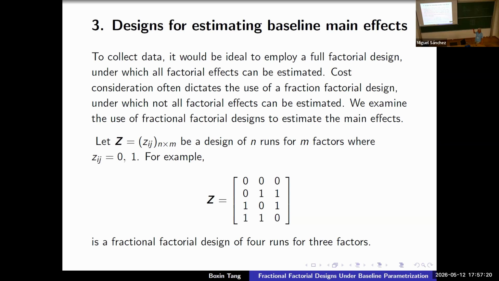Basically, if you look at the first row, it means that for all 3 factors, you set their levels at the default level for the first experiment. Second experiment, first factor, you set at the default level. Second factor at the test level, third factor, test level. And that's 4 experiments. This is a fractional factorial design because for 3 factors, the total number of combinations is 8, right? So this is only a fraction of 8. So it's a fractional factorial design.